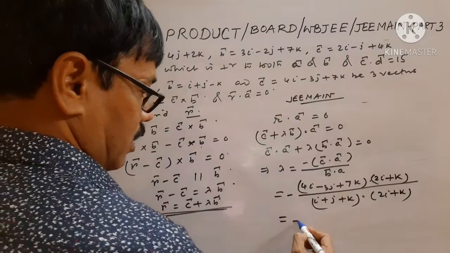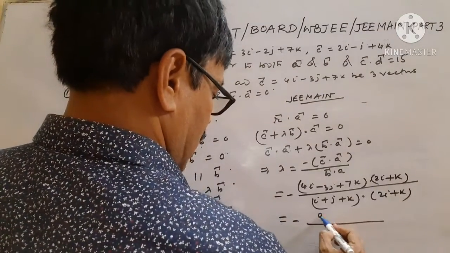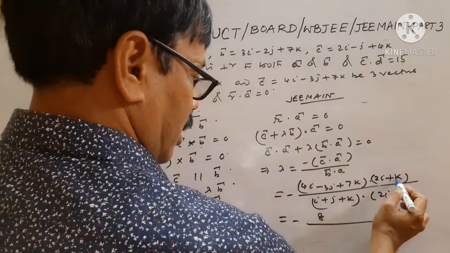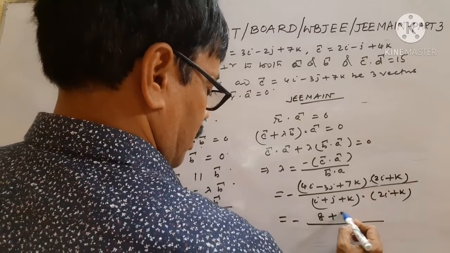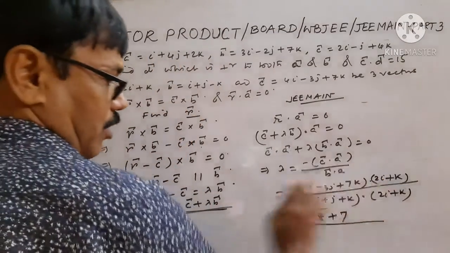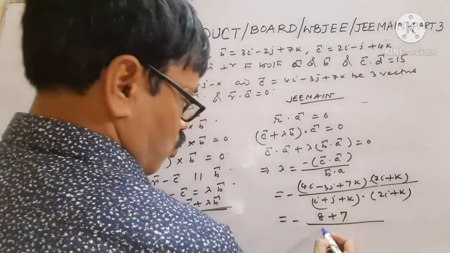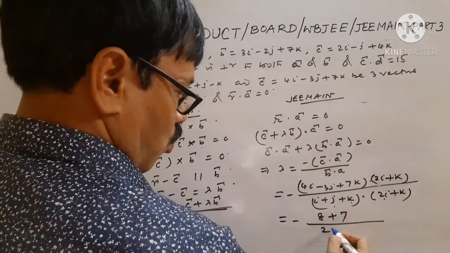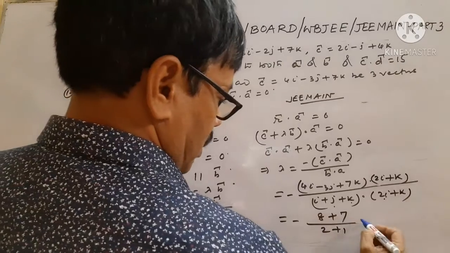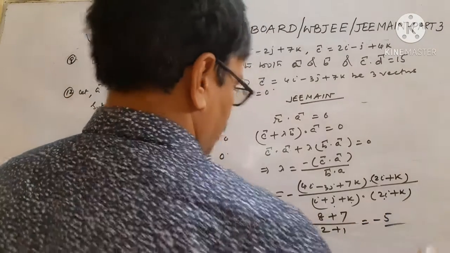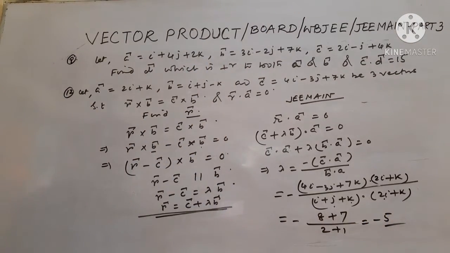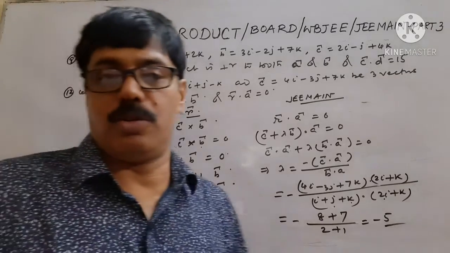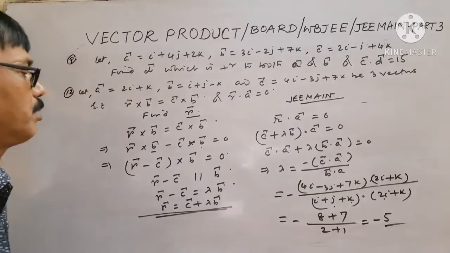So, minus, now this is 8 plus 7, and this is 2 plus 1. So, 15 by 3, minus 5. So, we are getting lambda. So, lambda is minus 5.